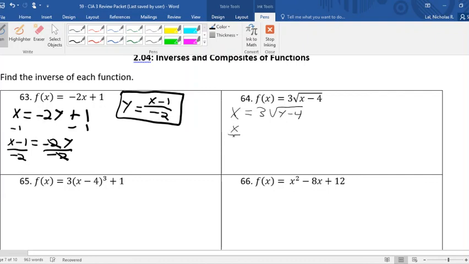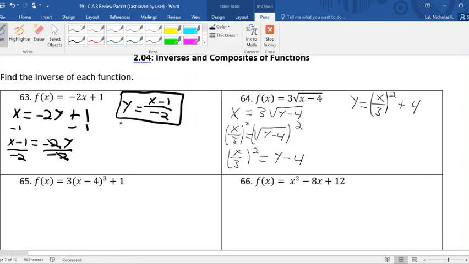So x over 3 is equal to the square root of y minus 4. Square both sides. So x over 3 squared is going to be equal to square root of y minus 4 squared is just y minus 4, and then to isolate y is going to be equal to x over 3 squared, add 4 to each side, plus 4.